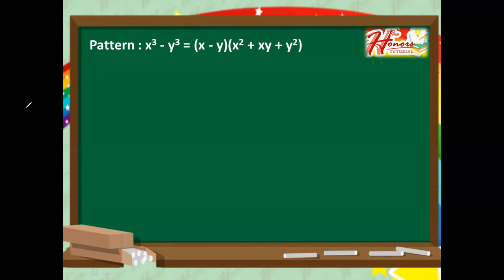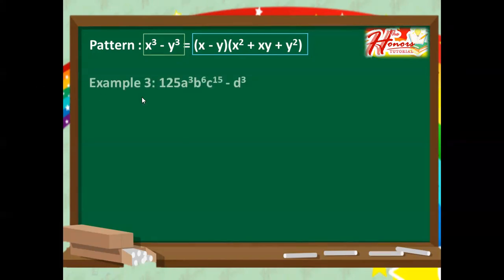Remember that your given should look like this one, which is x cubed minus y cubed. So therefore, if that is the given, we are assuming that this is the pattern. The pattern or the final answer should be the quantity of x minus y times the quantity of x squared plus xy plus y squared. So let's have the example now.